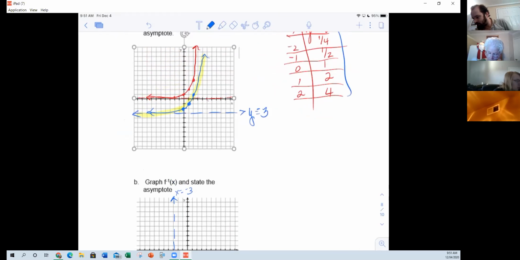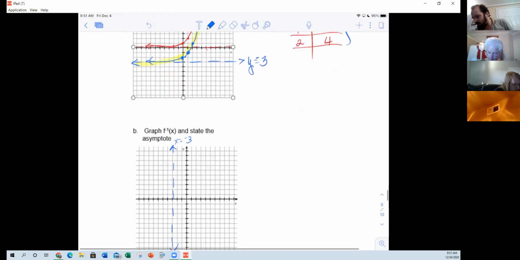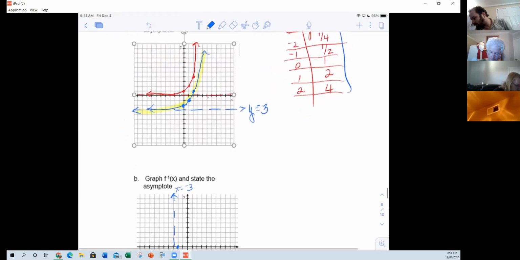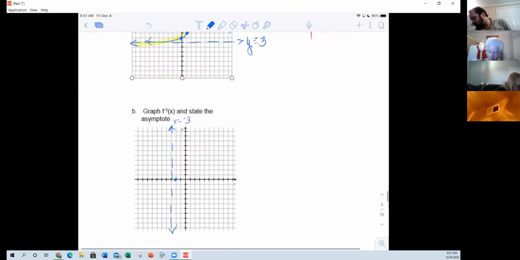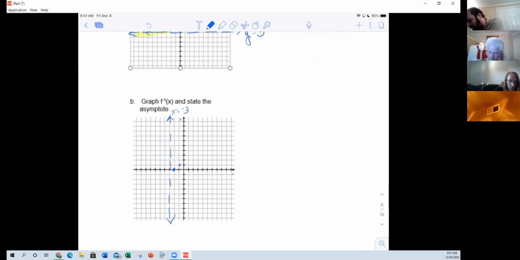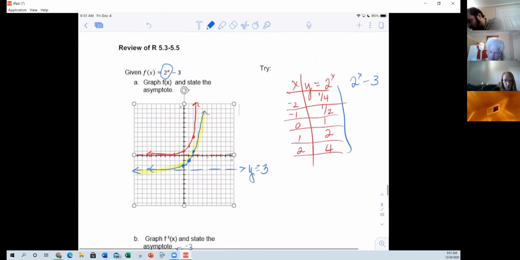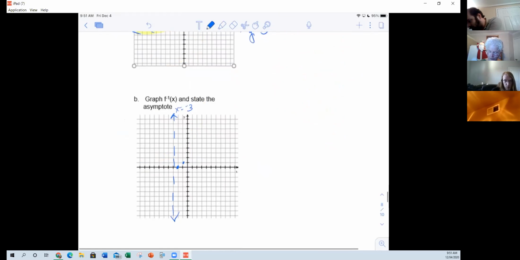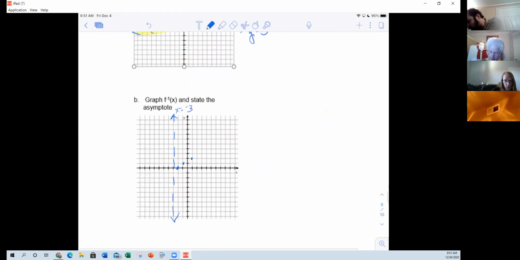So 0, -2 becomes -2, 0. This 1, -1 would become -1, 1. And this 2, 1 would become 1, 2. And that's enough to graph the curve.